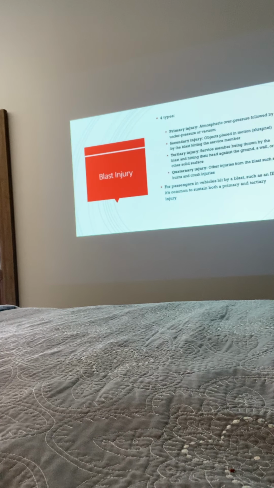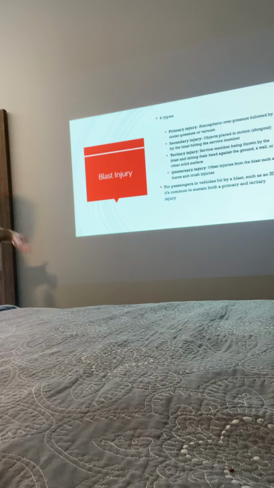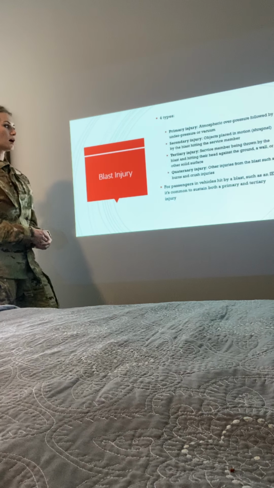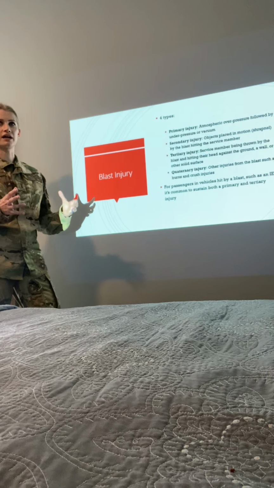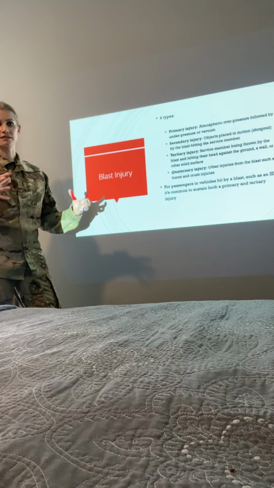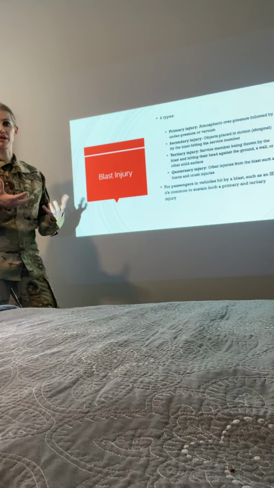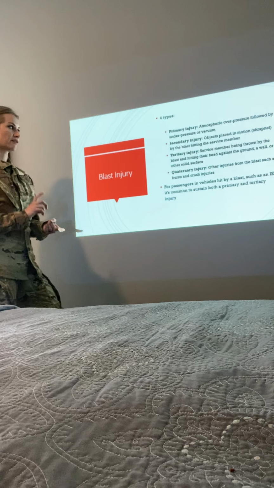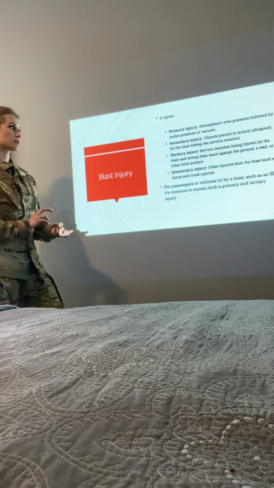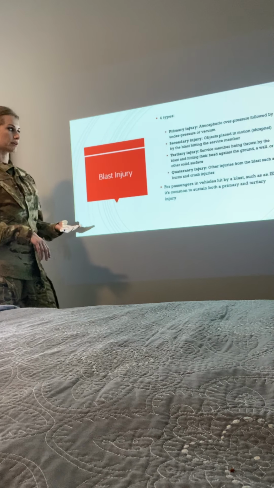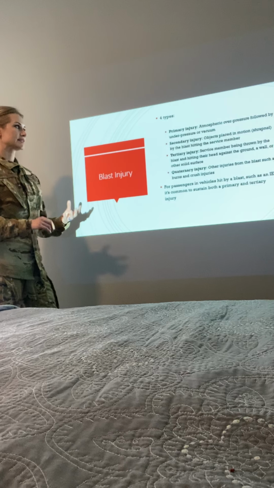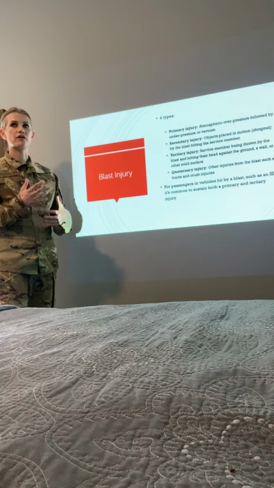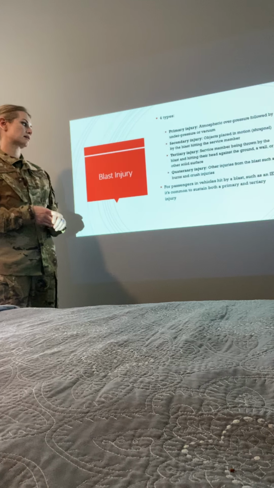So blast injuries. There are 4 different types of blast injury, and they all have to do with distance and where the blast took place. You can have a primary injury, a secondary injury, a tertiary injury, and a quaternary injury. It tends to indicate where you were at the time of a blast.